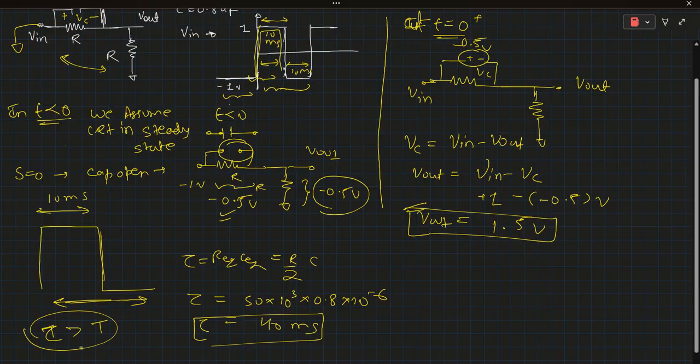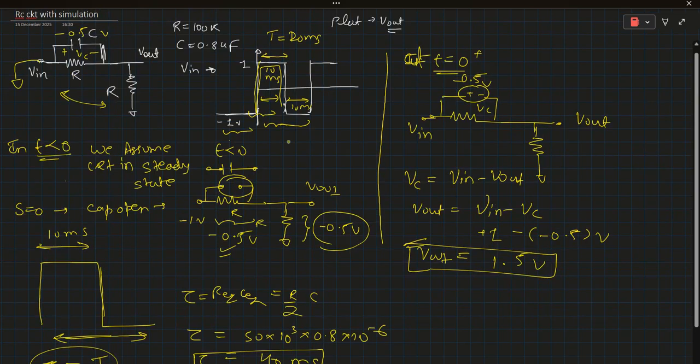So we can say that the time constant of the circuit is greater than the time period of the pulse. Sorry for the disturbance.